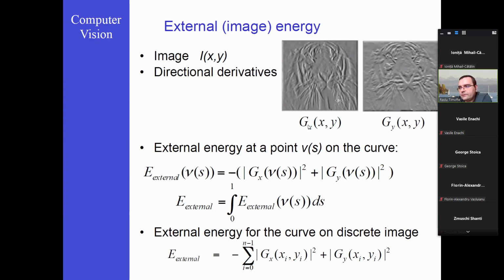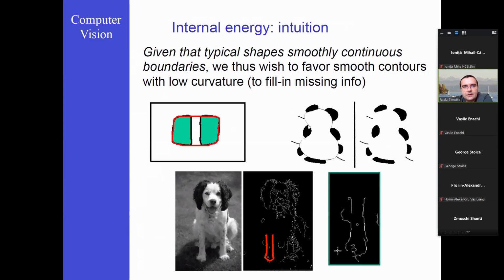Typically these are computed as the difference between pixel values from one position and another, after applying some blur eventually. The external energy at a point on the curve is computed like here, and the summation of all those gradient magnitudes will give this summation.